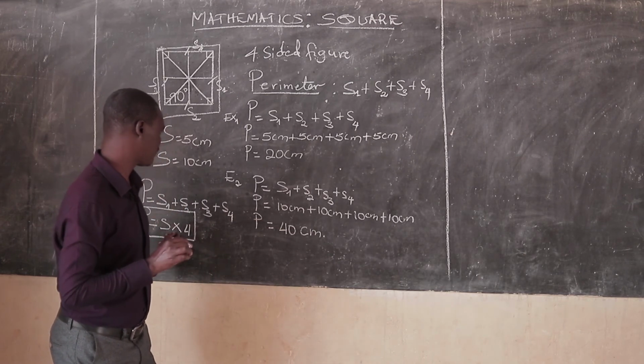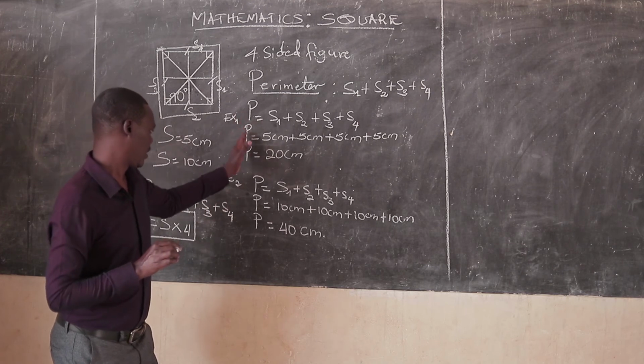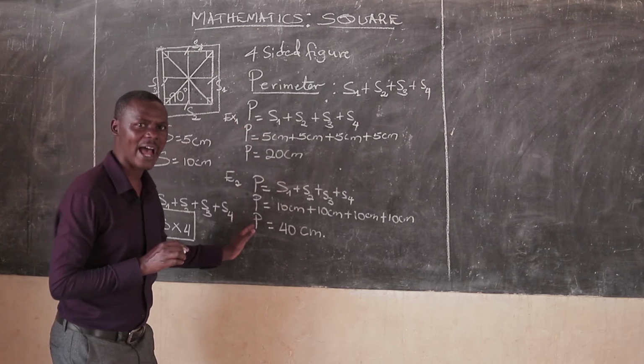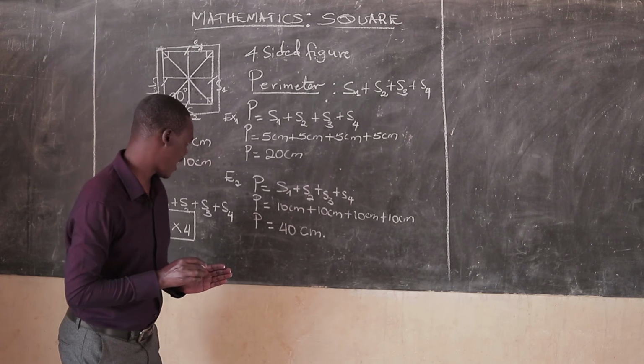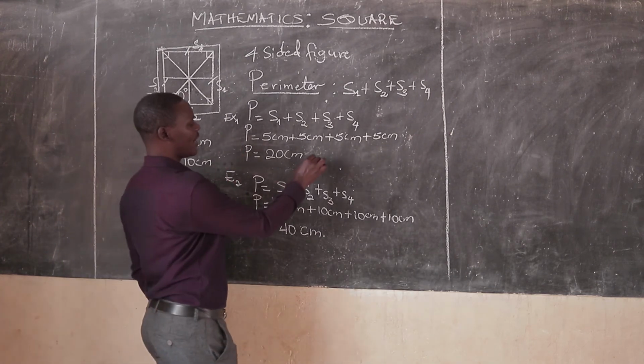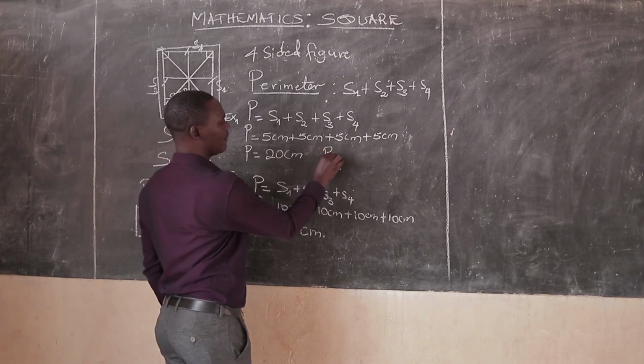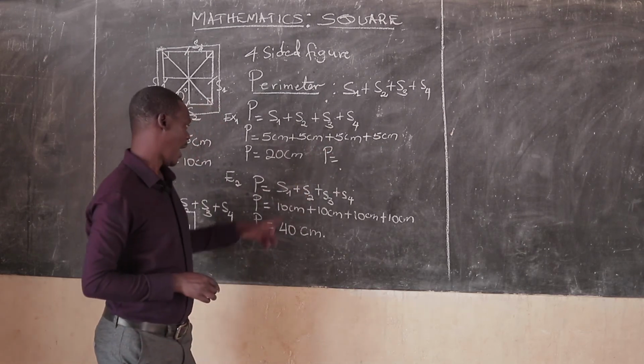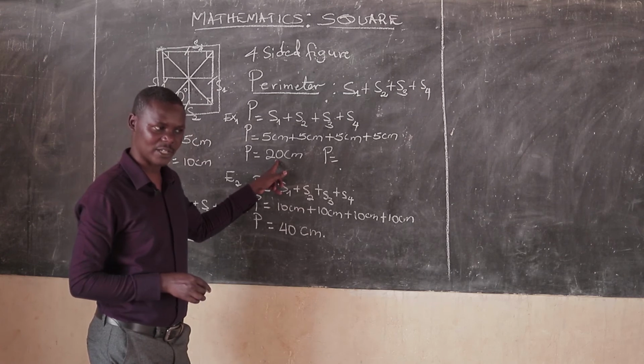Now, let's use this formula in the examples we saw, and see whether they give the same answers. As example number 1, we had a perimeter of 20 centimeters.